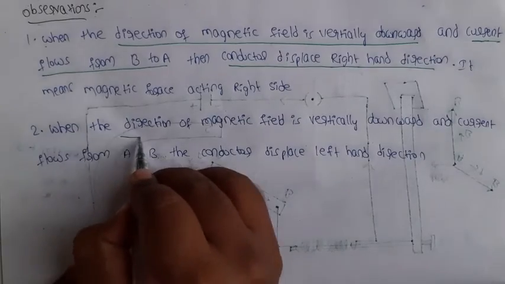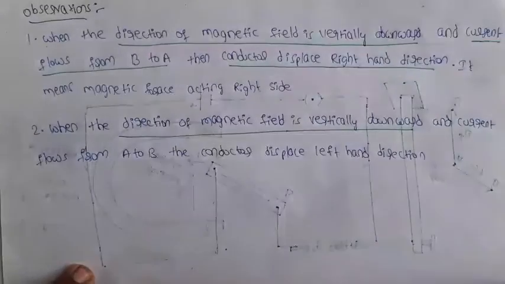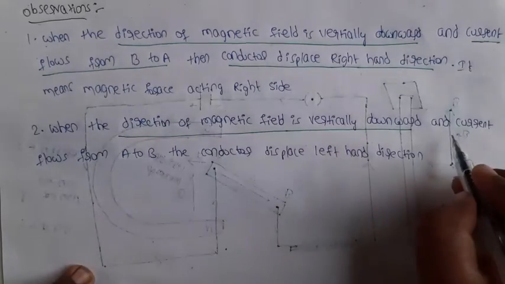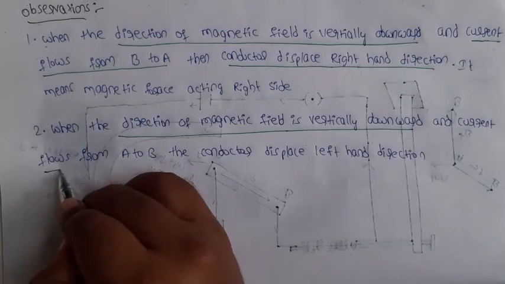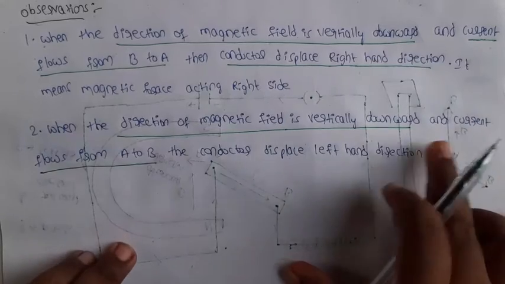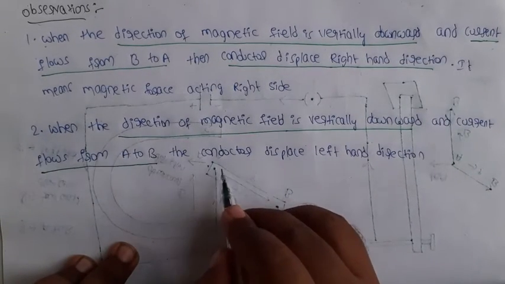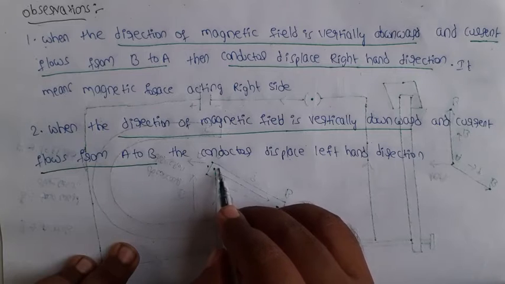When the direction of the magnetic field is vertically downward, and the magnetic field direction is not changed, but the current flows from A to B, so the current direction is reversed. In this situation the conductor experiences a magnetic force.